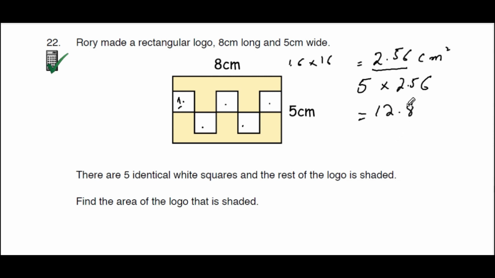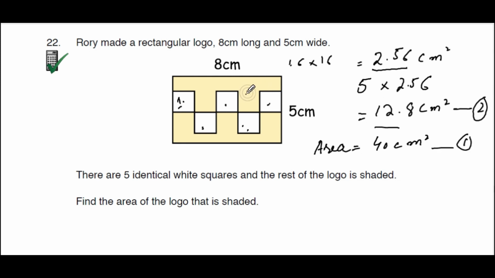Okay, so now you have the area of all these squares, this one, this one, this one, this one, this one, and you know the area of big rectangle is 40 centimeter squared. You got first area, you got your second area.